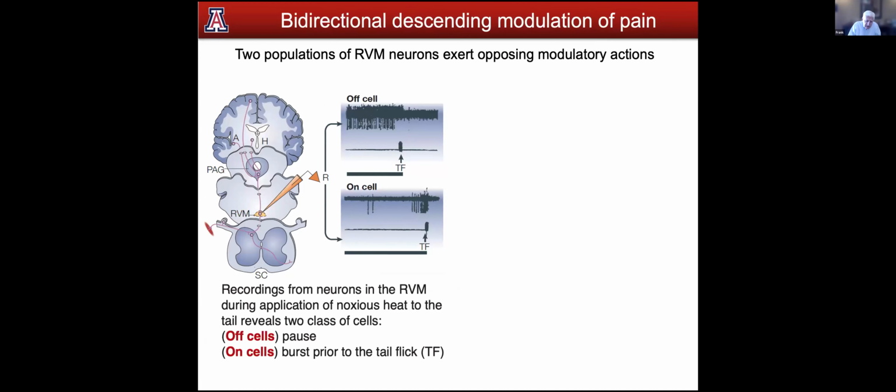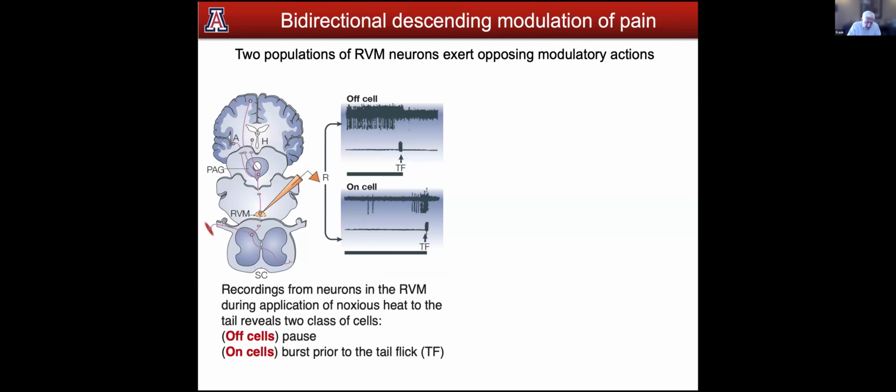For this, we turn to the seminal work of the laboratory of Alan Basbaum, who did some critically important anatomical studies showing that cells in the rostroventral medial medulla could descend to the spinal dorsal horn, and electrophysiological studies from the laboratory of Howard Fields that classified cells in the rostroventral medial medulla.